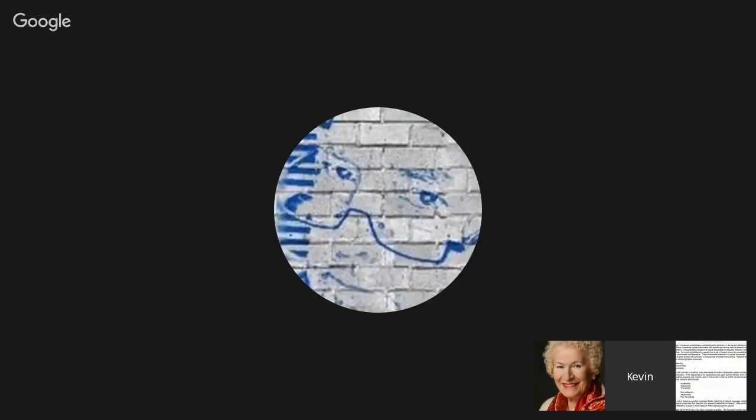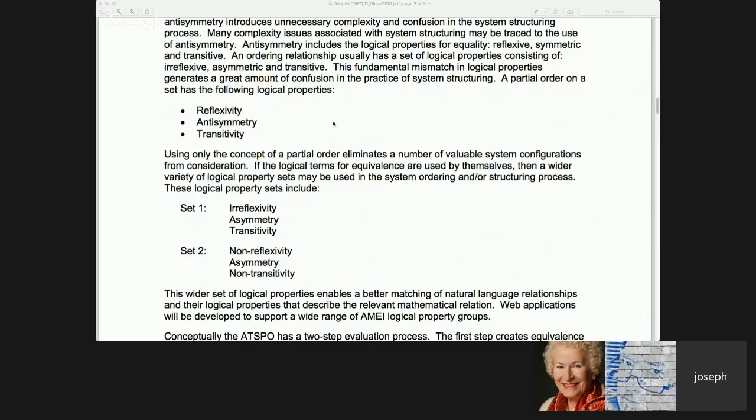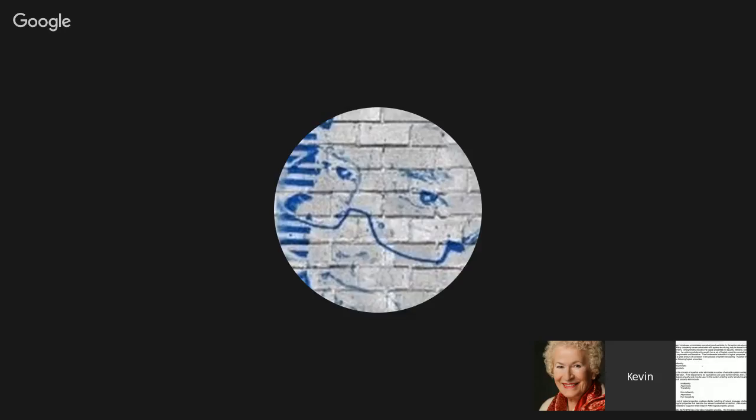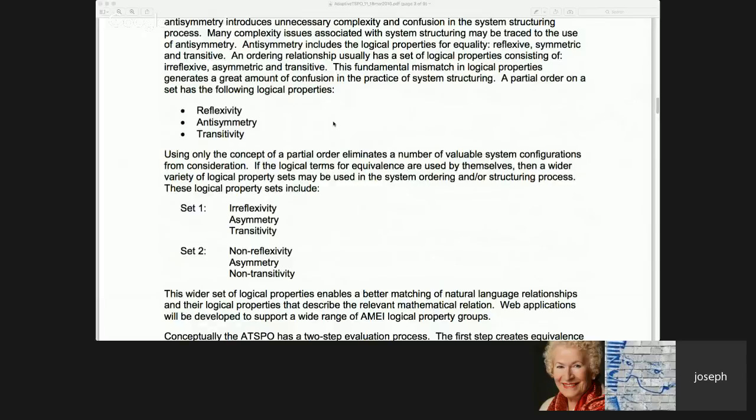What about antisymmetry versus asymmetry? Well, antisymmetry has an if statement in the middle of it. It says if you have this condition, then you have these three logical properties.